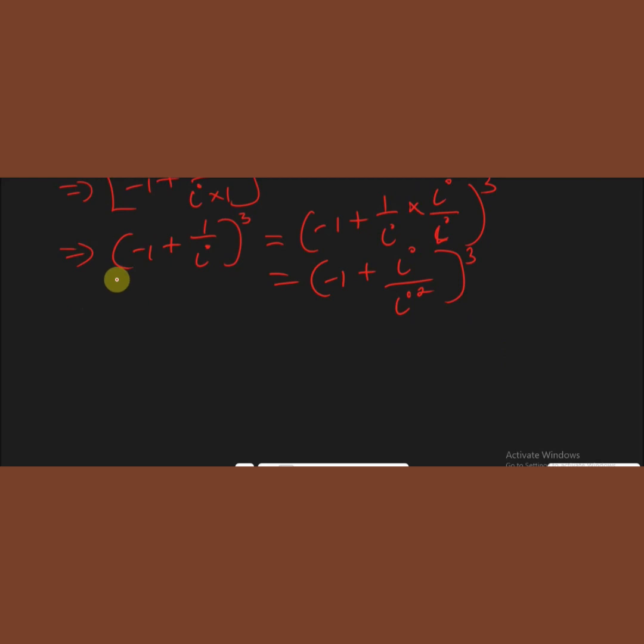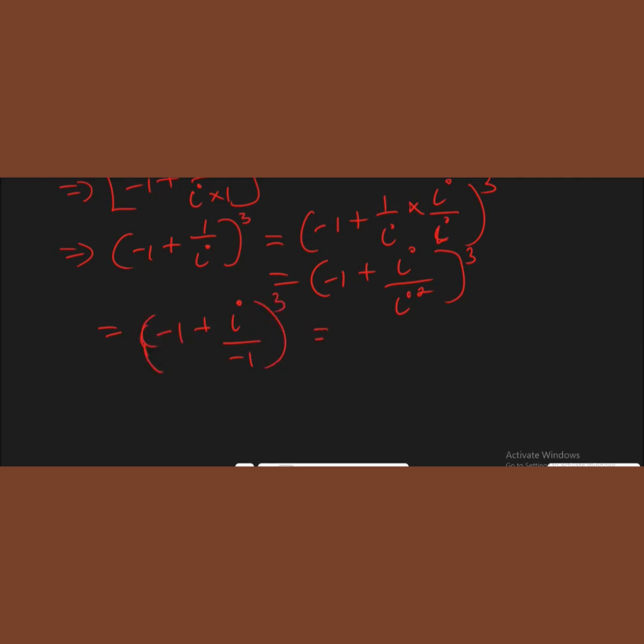So that is this, and I will have minus 1 plus 1 times i, that is going to give me i, divided by i times i, which is i squared, all raised to the power of 3. So this is equal to minus 1 plus i, remember that i squared is minus 1, raised to the power of 3.